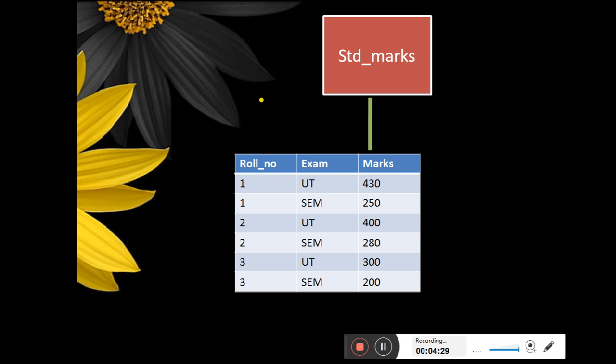We are going to store roll number 1 data first, that is, there are 2 records for roll number 1. First record is related to the unit test, and the second record is related to the semester exam, where he has scored 430 marks in unit test and 250 marks in semester.